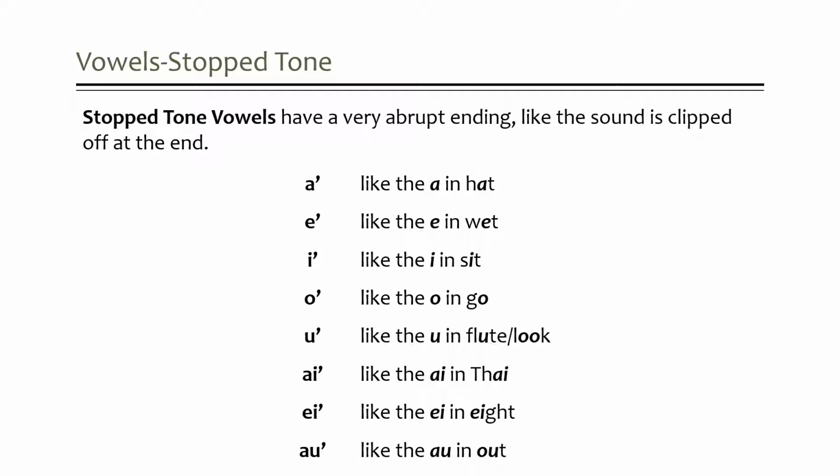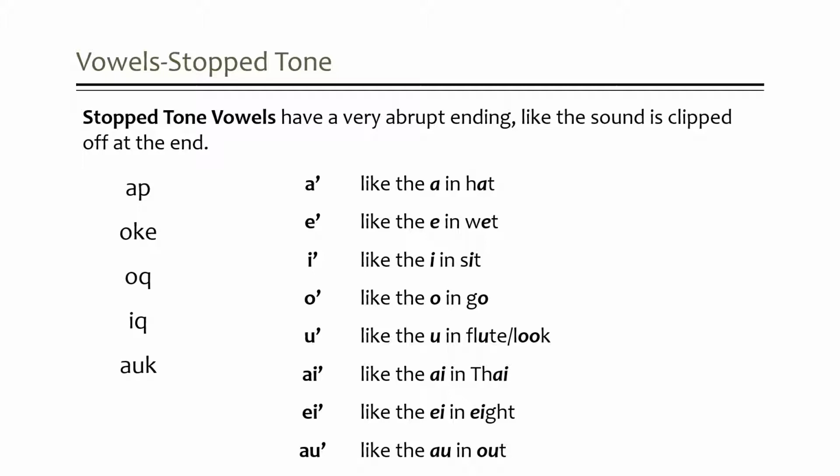Now again, I want to refer you to the fact that the method I use here for romanizing the stop tone vowel is an apostrophe that follows the vowel sound. And the reason I mention that is there are other methods used in many textbooks and dictionaries. For instance, here are some other examples of romanization.